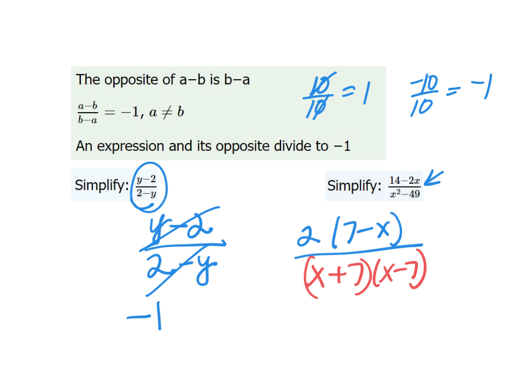And then what I could see here is that I have factors that are opposite of one another. Those factors are going to cancel, but it's going to be a negative 1. But then I have a 2 left in the numerator, and I have an x plus 7 left in the denominator. Once again, x cannot equal negative 7. That'll produce a 0 in the denominator.